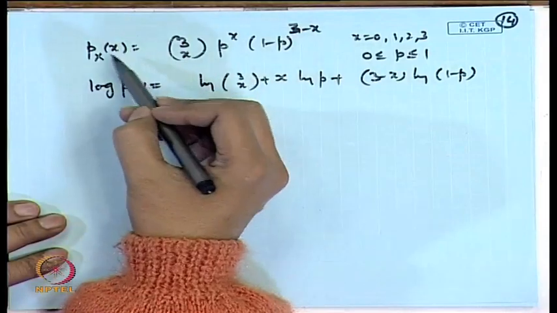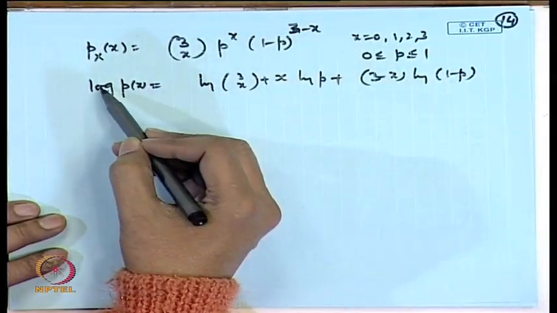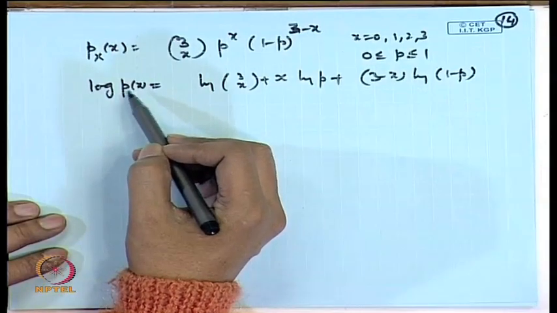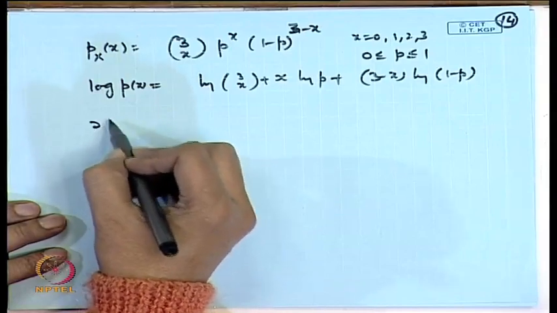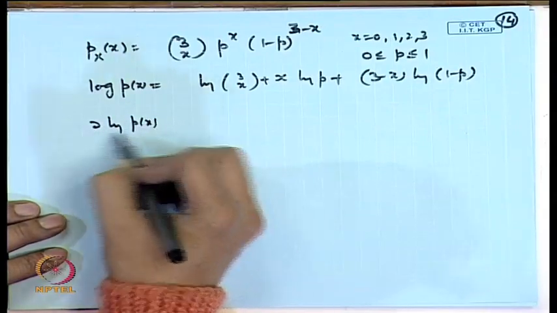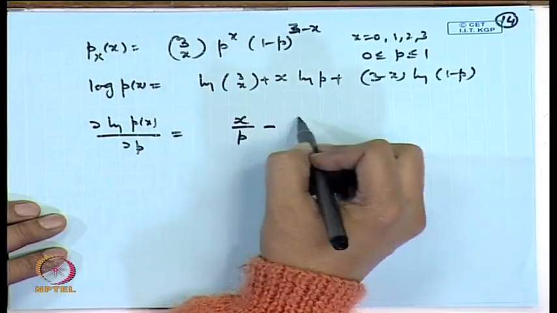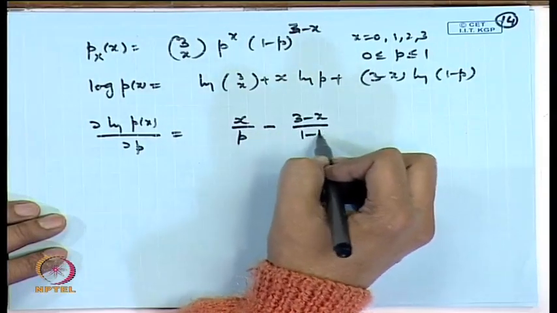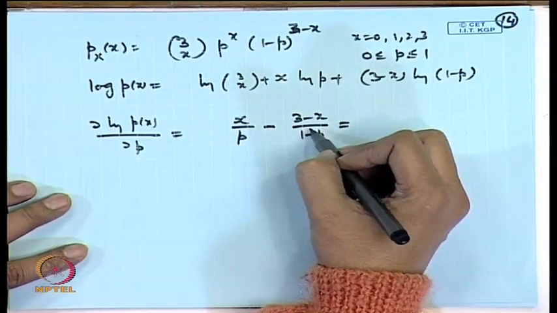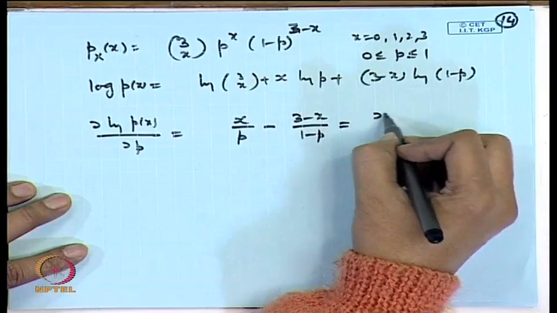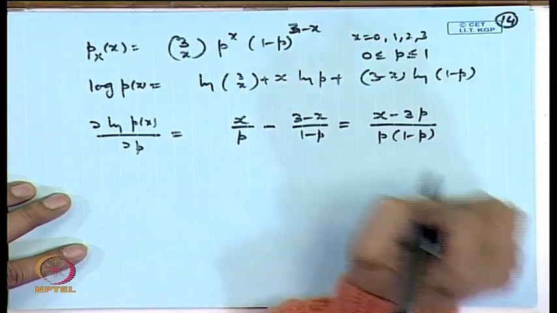Now, maximization of this with respect to p is the same as maximization of this, because log is an increasing function, a 1 to 1 increasing function. So, I can consider the derivative of this with respect to p, which gives us x by p minus (3 minus x) by (1 minus p), which after adjustment I can see as (x minus 3p) by p into (1 minus p).